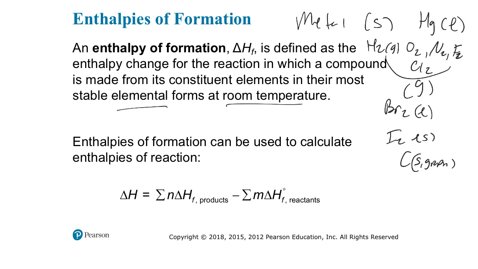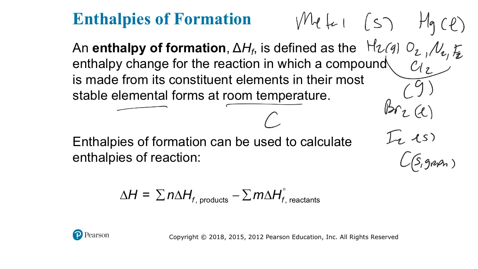That's probably the extent that I would expect you to recognize that these substances in those particular physical states have zero enthalpies of formation. Everything else would have a non-zero delta HF, some enthalpy of formation that is just the energy it takes to form that substance from the elements in their standard states.